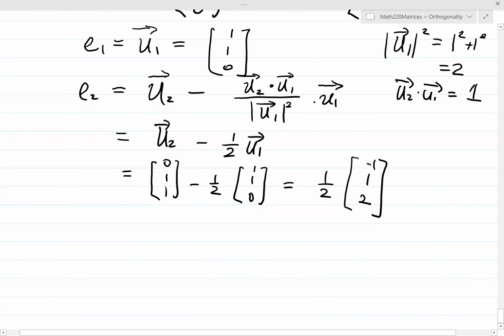So E1, E2 are perpendicular now. By this construction, E1 and E2 are perpendicular, and they span the same thing as U1 and U2.